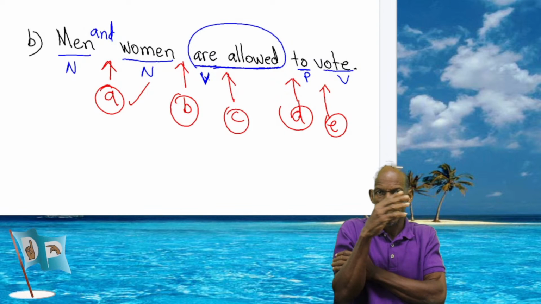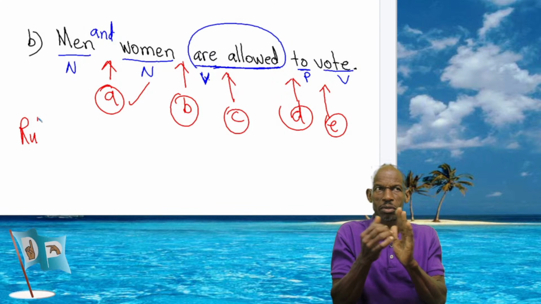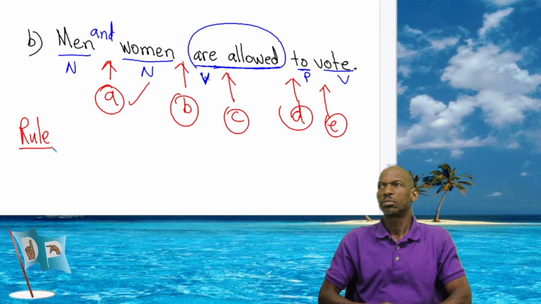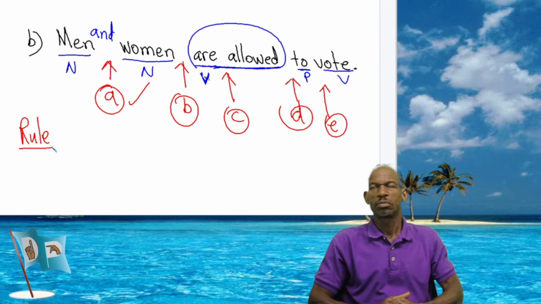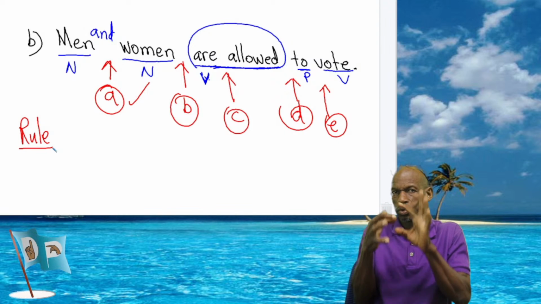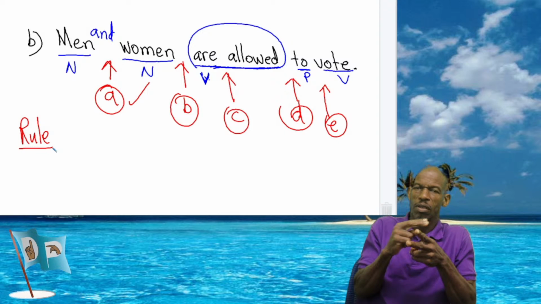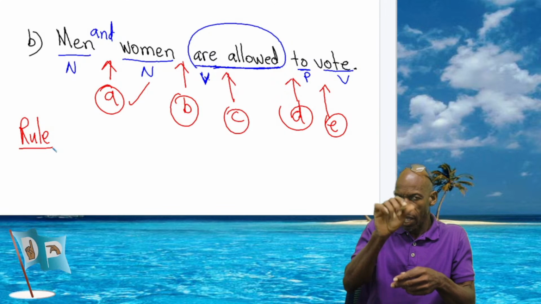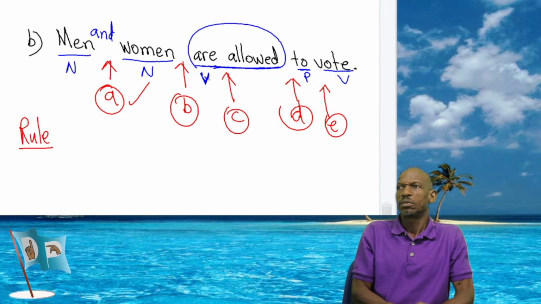I'm going to give you the rule as we close off just now. This is a rule. We only join "and" to nouns, verbs, and adjectives.